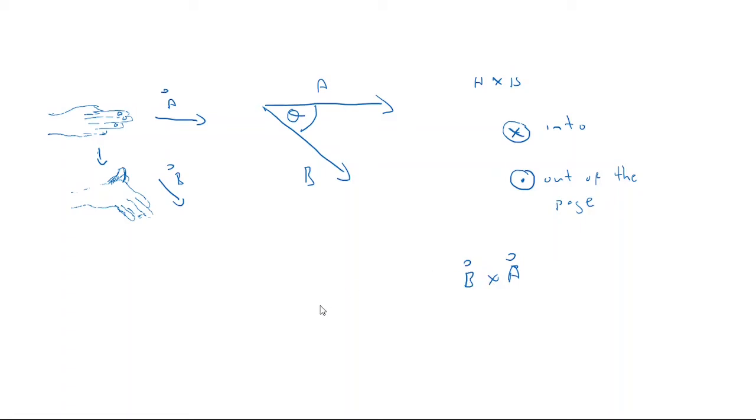So meaning that the first vector is going to be B, right? So what you're going to do is the first vector is B, so you're going to have the right hand, the four fingers going towards B, right? So what is going to happen is you're going to have your thumb here, and then you're going to have your four fingers pointing towards you.